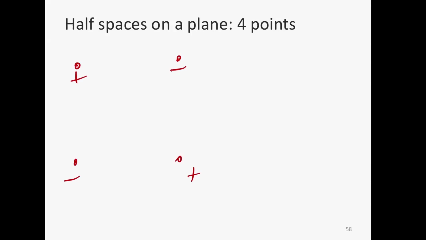But is this the only way in which 4 points can exist on a plane? What other way could I have 4 points like this? What happens now? Can this be shattered?